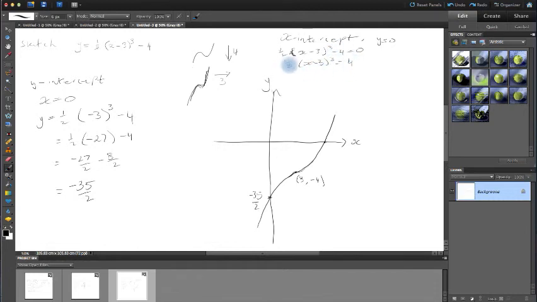Now we can multiply both by 2, getting x minus 3 cubed equals 8. Now I can do a cube root of both of these. X minus 3 equals the cube root of 8, and the cube root of 8 is 2. Now we'll add our 3 to both sides, x equals 5. So this point here is 5.